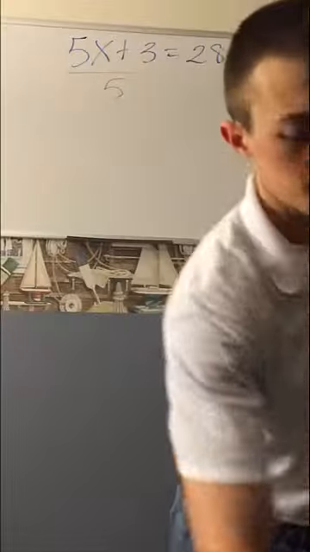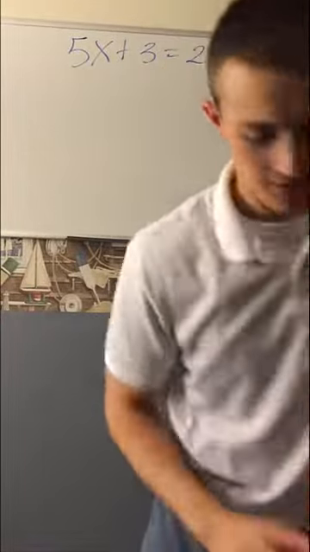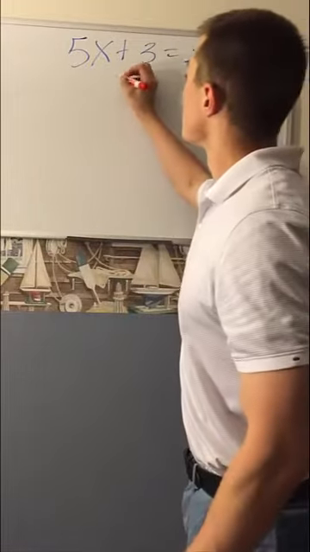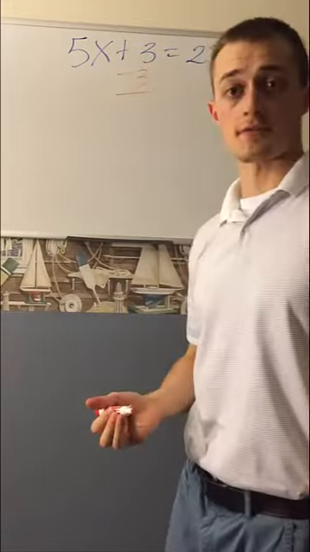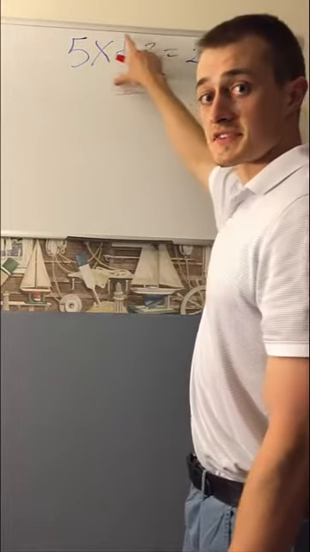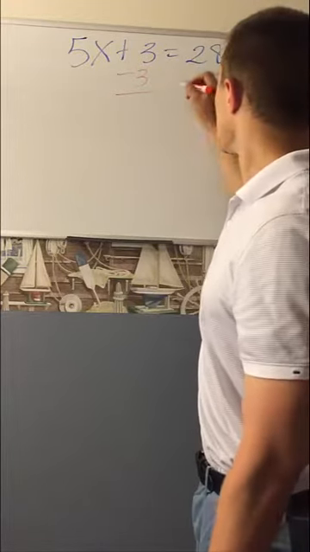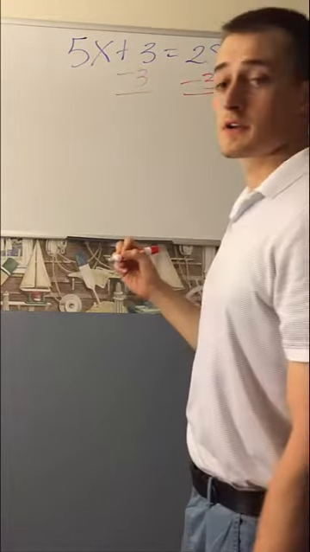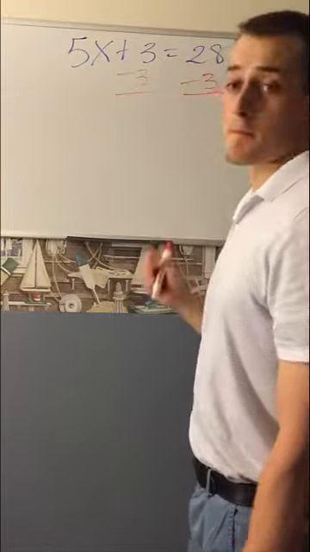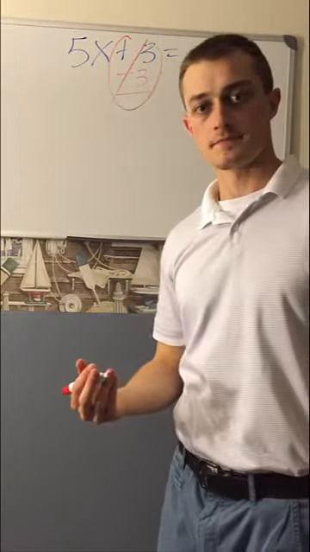So what we need to do is subtract this 3 away from this side to start us off. And again, it's an equation, so if I subtract 3 from this side, then I also need to subtract 3 from this side. Now a positive 3 minus a 3 is going to cancel and give me 0.